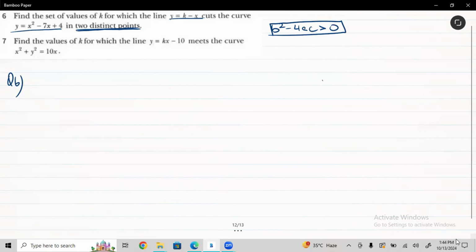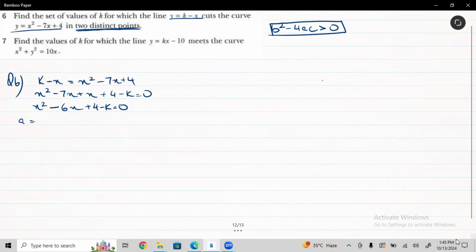Substituting both of these equations into each other, because the intersection points are going to be the same for them when they're intersecting. So k minus x is equal to x squared minus 7x plus 4. Simplify this up, x squared minus 7x plus x plus 4 minus k is equal to 0. The simplified version would be x squared minus 6x plus 4 minus k is equal to 0.